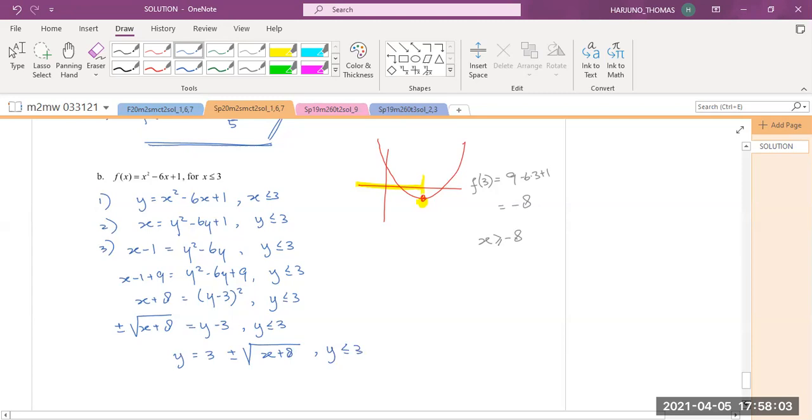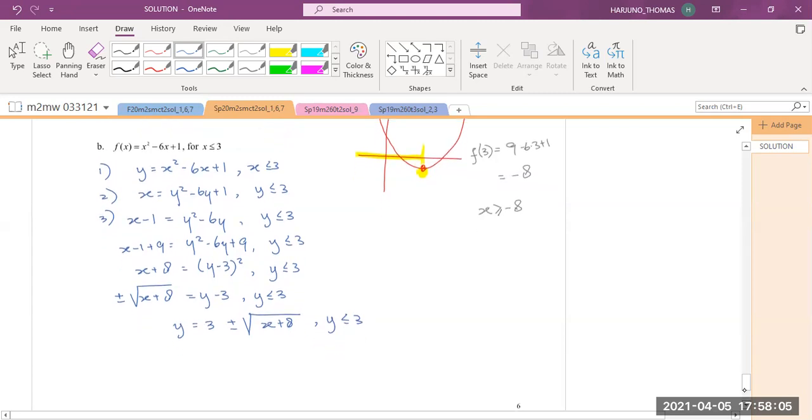Now, from here, we see that the branching together with the restriction gives us y has to be 3 minus the square root of x plus 8, right? Okay, and then step 4, the inverse function is 3 minus the square root of x plus 8.